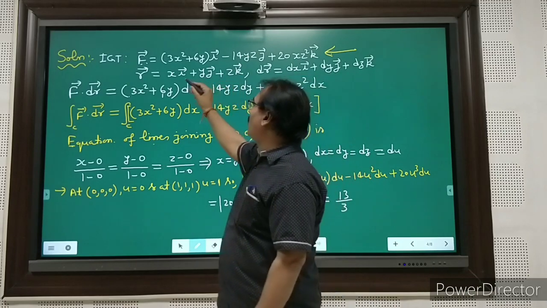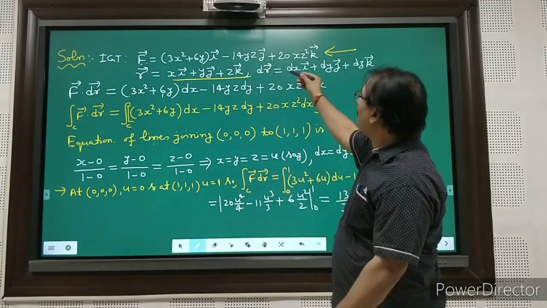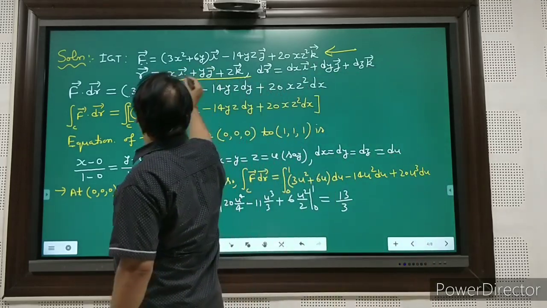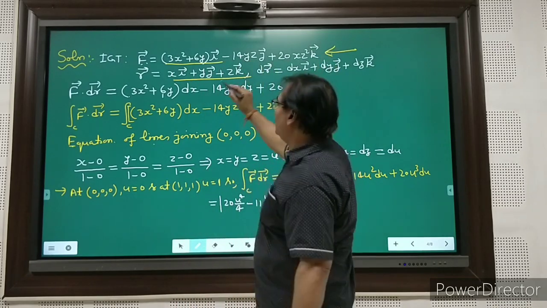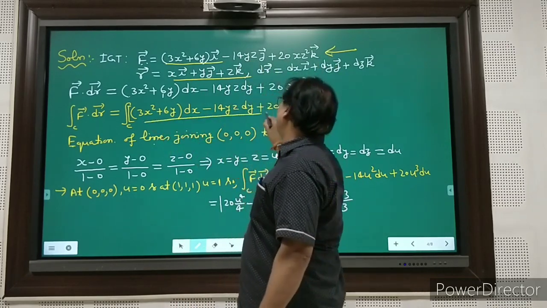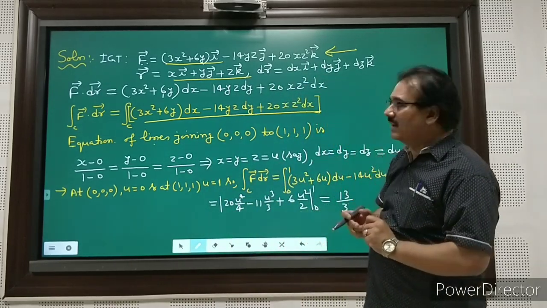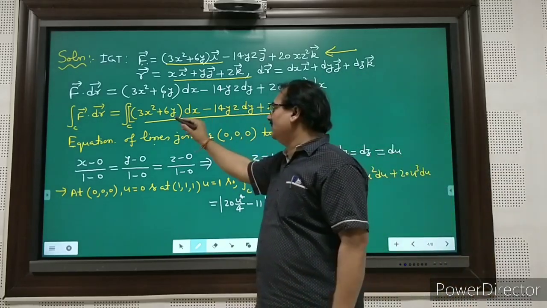Why? Just keep in mind, because there are 3 coordinates in the points. So now dr is this, then F dot dr. All the i, j, k components are here, then you can rewrite. After multiplication, again i dot i is 1, j dot j is 1, and k dot k is 1. You will get this equation.